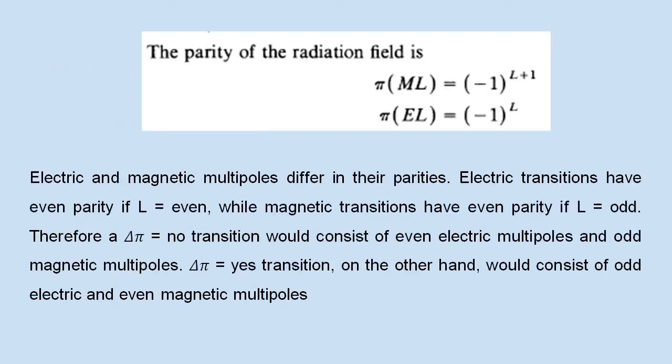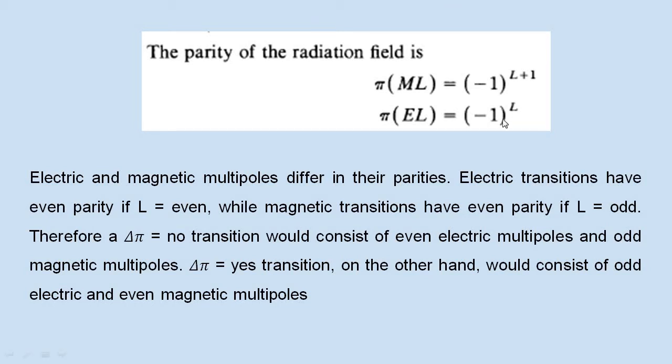In this equation, our L is 1 and there is no change in parity. So when there is no change in parity, delta pi equal to no, that means parity should be a positive quantity, or it is even.